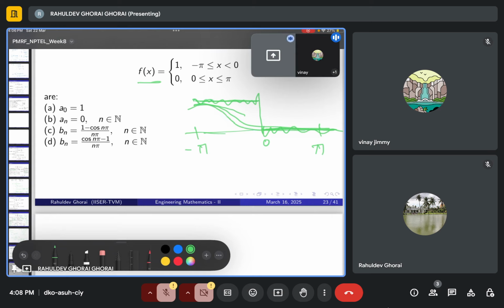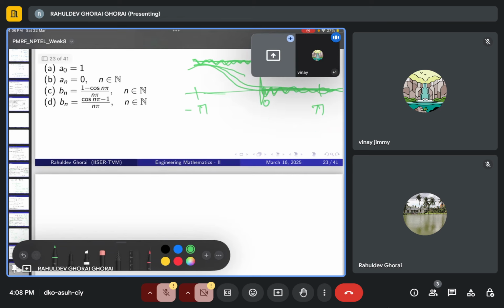When you take many terms, it will be oscillating, like this and then like this. That's how one can approximate a discontinuous function, or any function, using these cos x and sin x functions. If you see the visualization, or do it by yourself, you will find it very interesting.